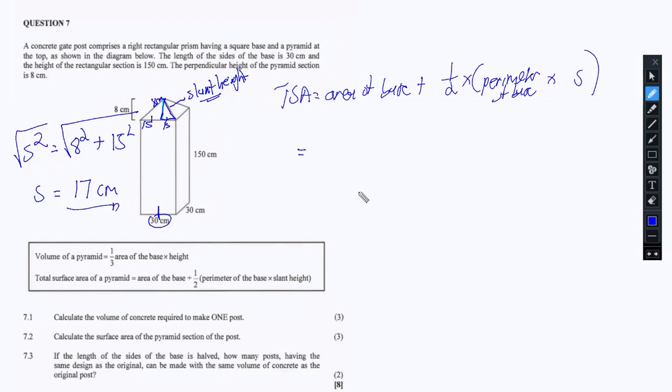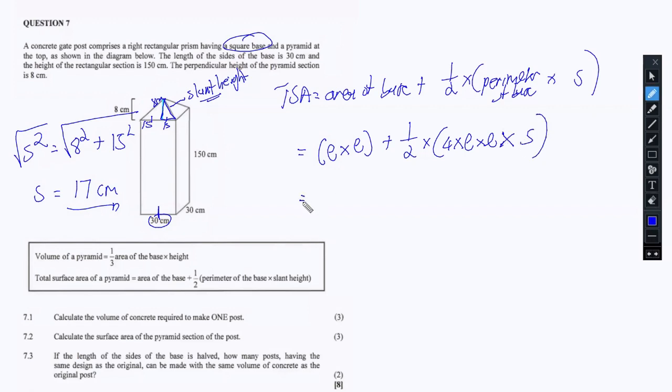That means we can now calculate the area of the base. Remember, this is a square base, so our area is length times length. And then here we have half multiplied by the perimeter of the base, which is going to be 4 times length, and then times the slant height.